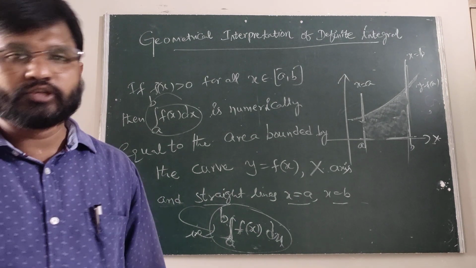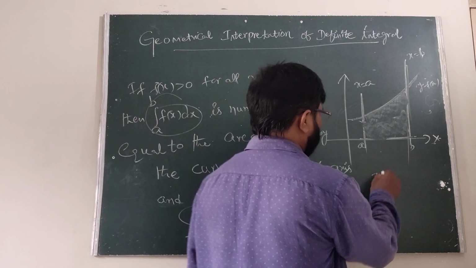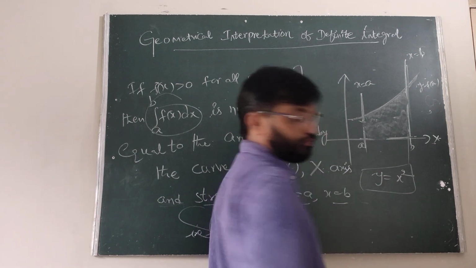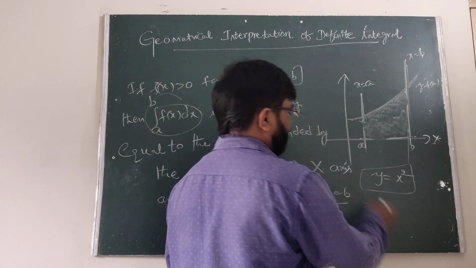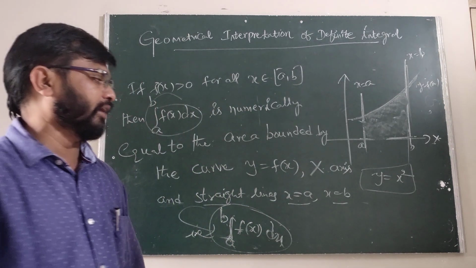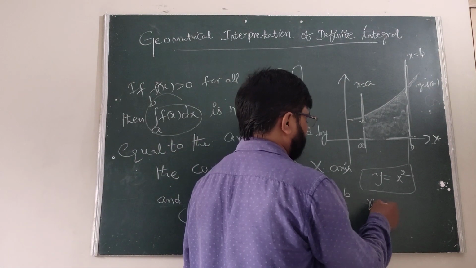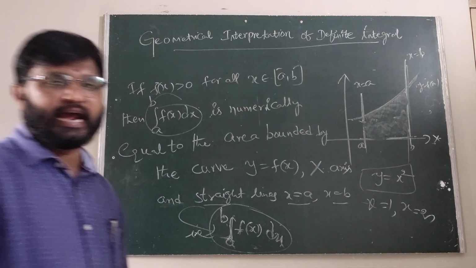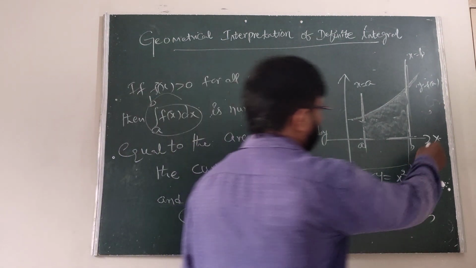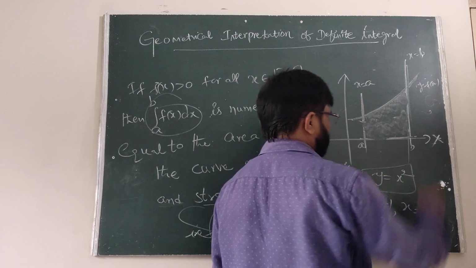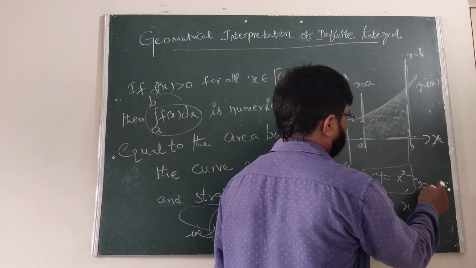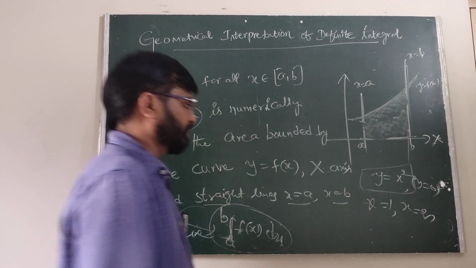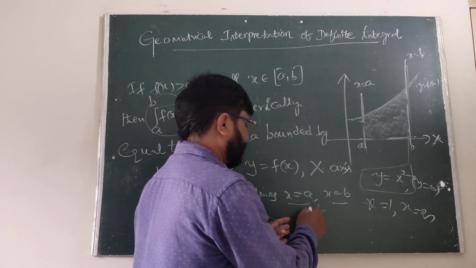Is it clear? So suppose here we take the parabola y equal to x square and find the area of the curve bounded by the regions. Here the straight lines are given by x equal to 1 and x equal to 2, and the x-axis. The equation of the x-axis, we know, is y equals 0. That's why we take the integral a to b.